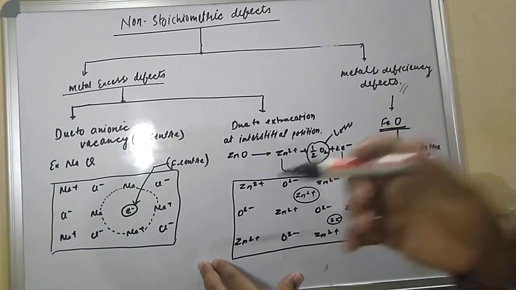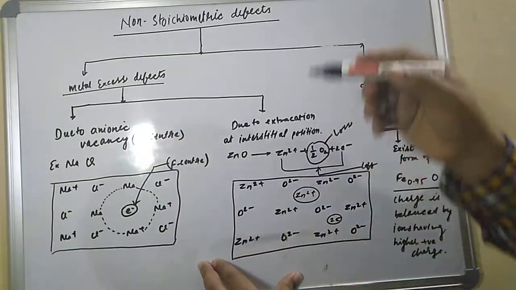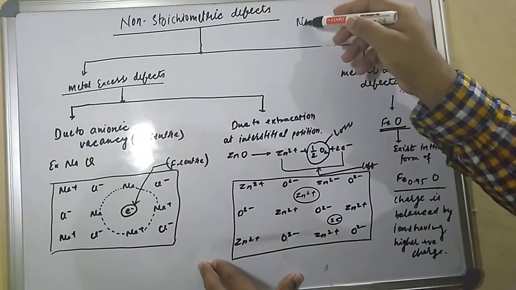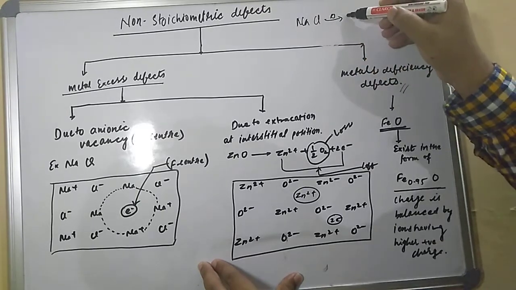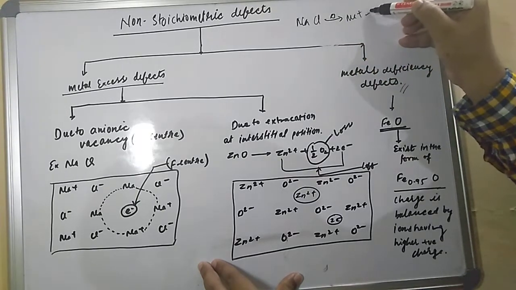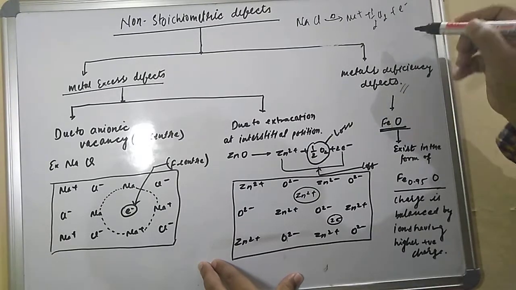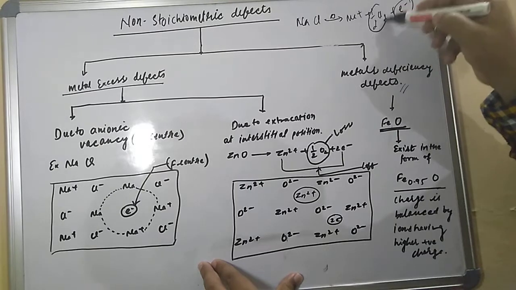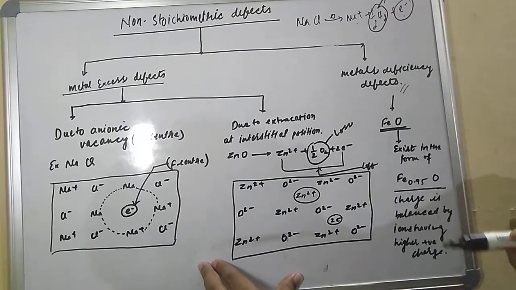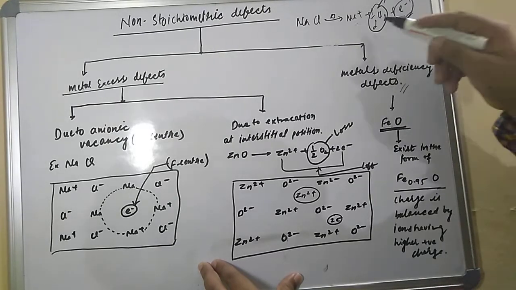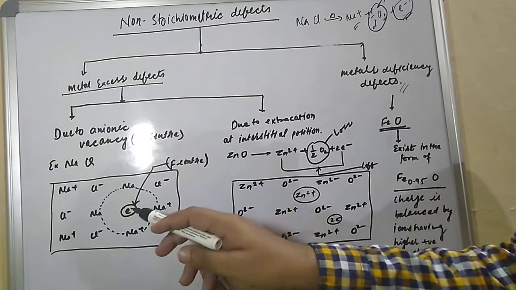If you see here, that is NaCl, I am taking the first, due to anionic vacancy. If you are heating this NaCl, what will it give? It will give Na+, half Cl2, plus an electron. Now this Cl2 will escape out. So what is left? Na+ and an electron.